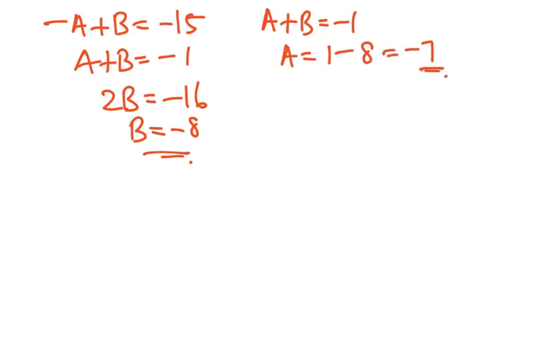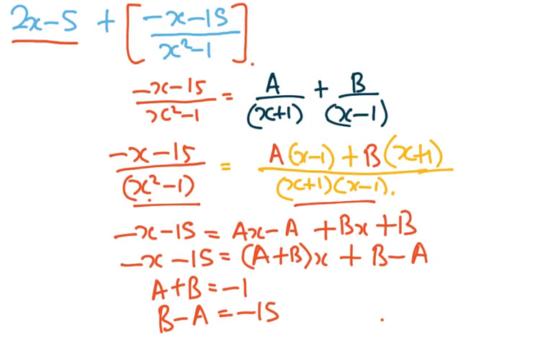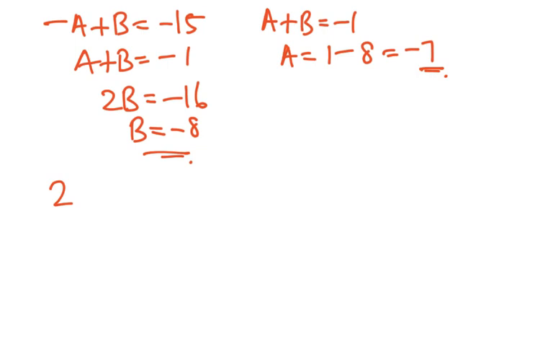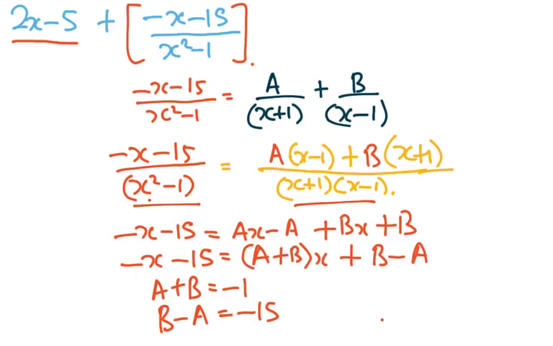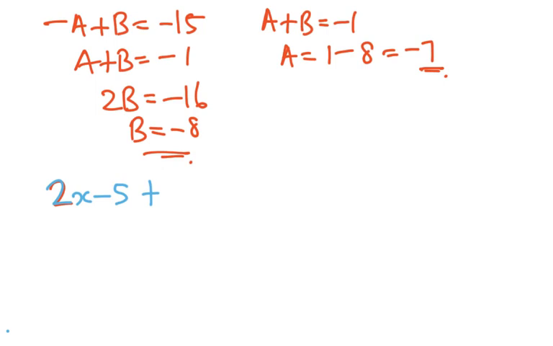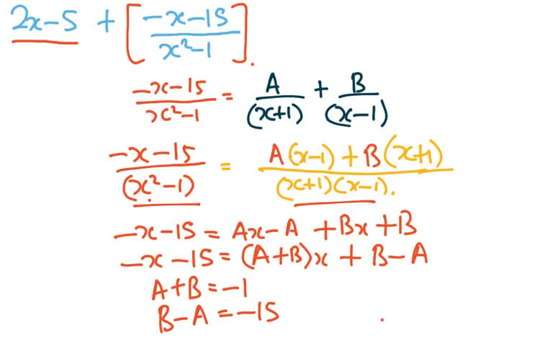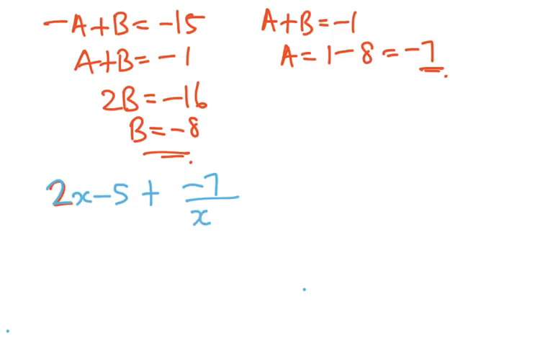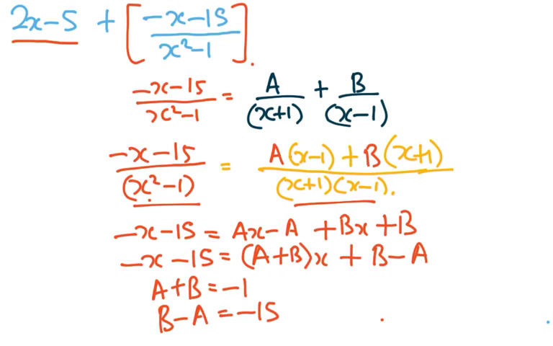When I rewrite the partial fraction, you get 2x minus 5 plus a over x plus 1. Did I miss anything?